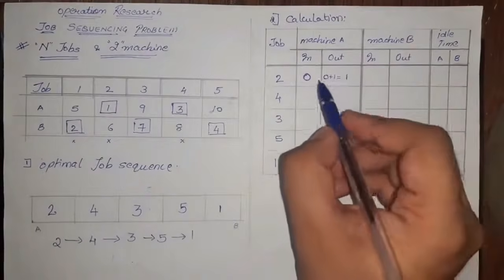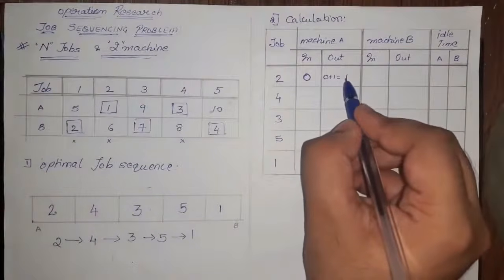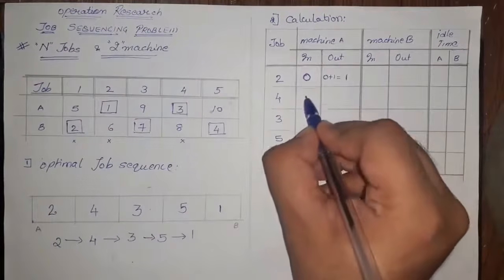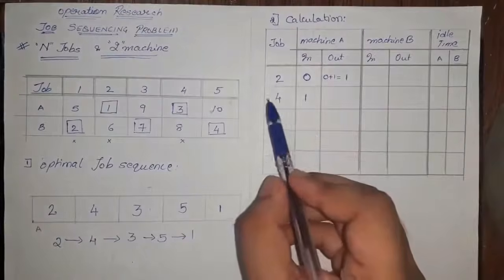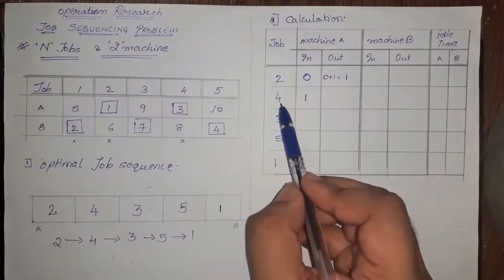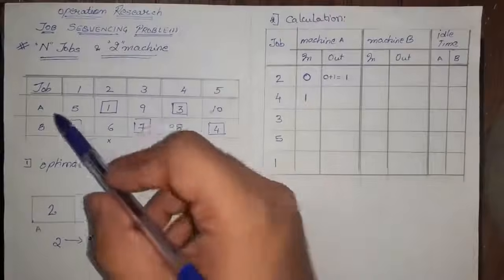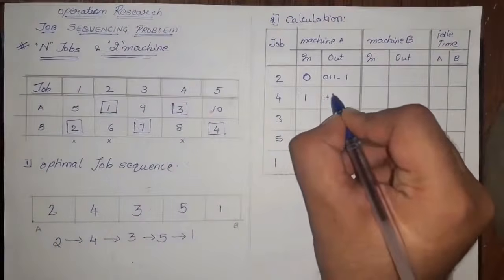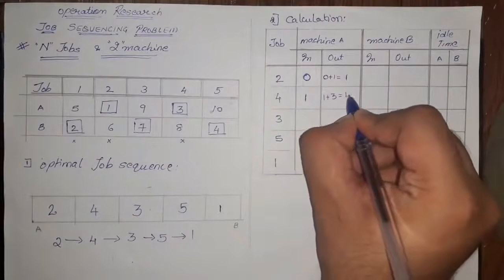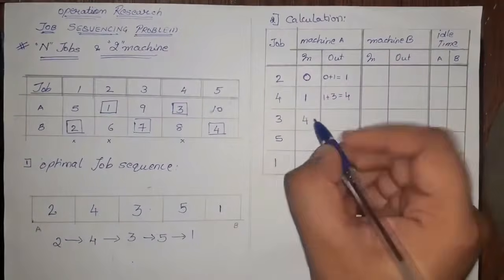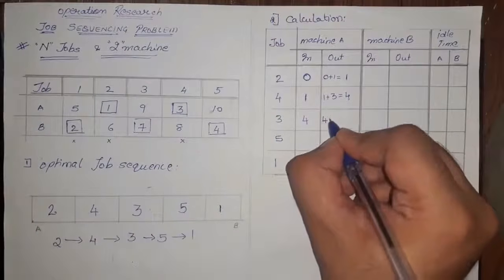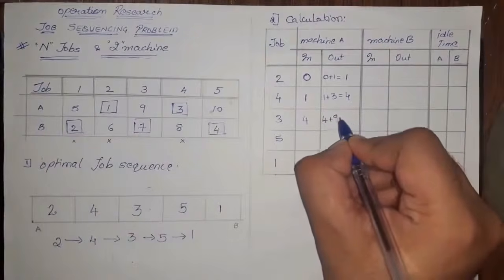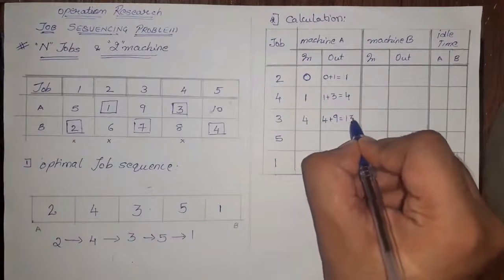For one job, whatever the out time is becomes the in time for the next. So we bring 1 down. The next job is job number 4. In machine A it has taken 3 hours, so my out time will be 1 plus 3, which is 4. We bring 4 down. Next, job number 3 takes 9 hours, so 9 plus 4 is 13.